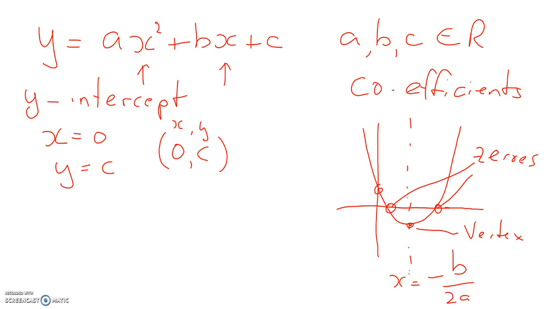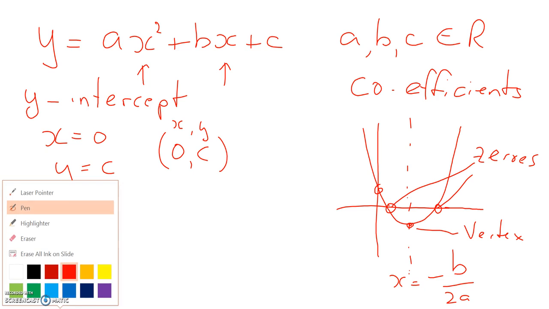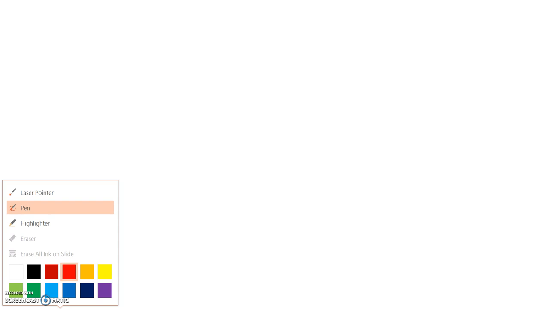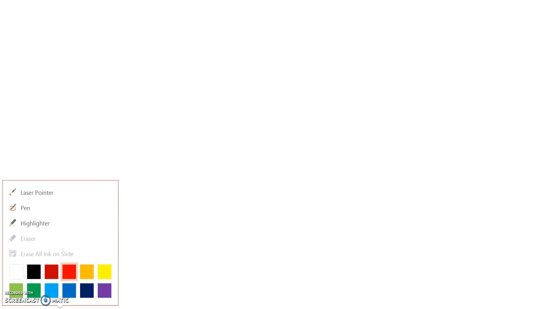So that's the y-intercept. The next bit we're going to look at is the axis of symmetry. Sorry, I just got to get my pen back.